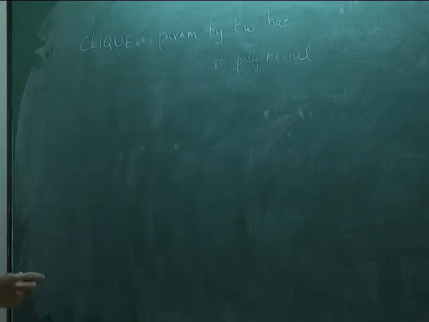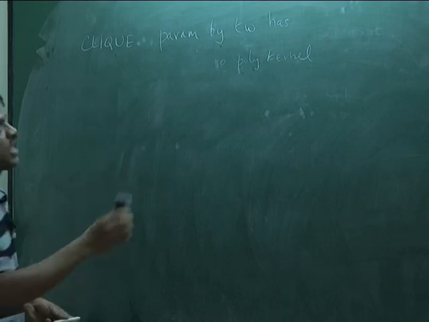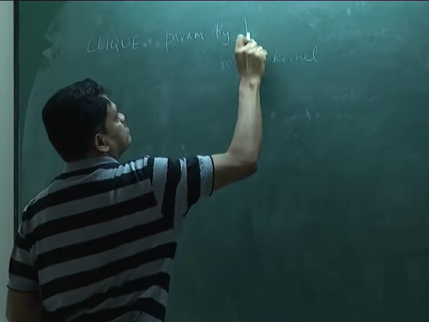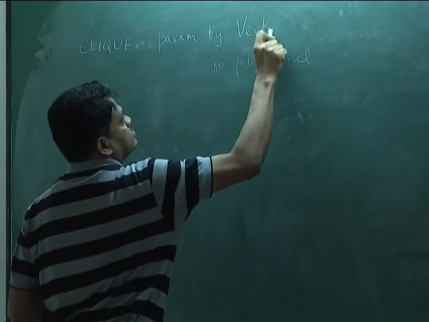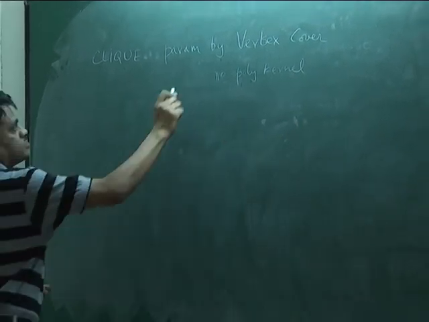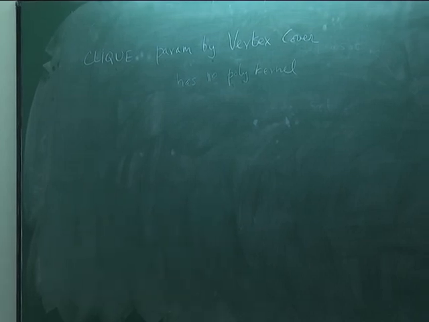So, what I am going to do is a slightly stronger result of this, and that is not tree width, but vertex cover. Okay. So, what is the problem?